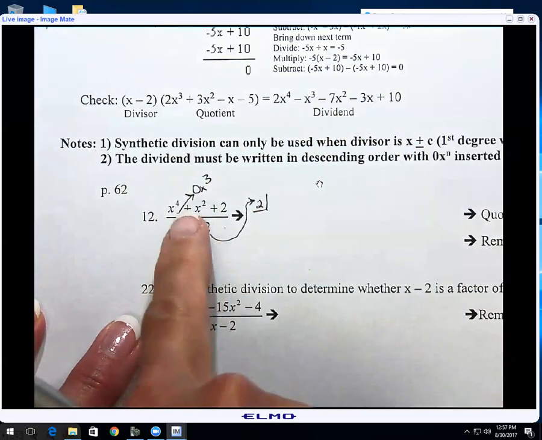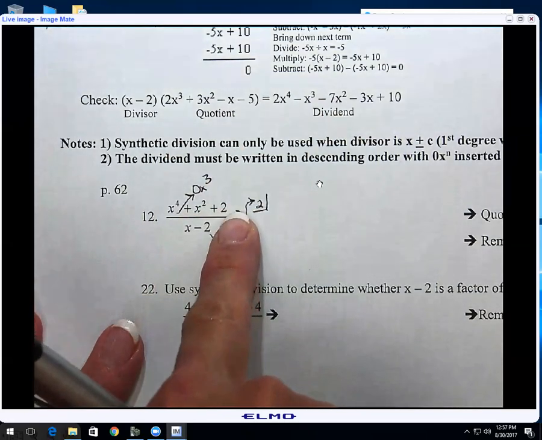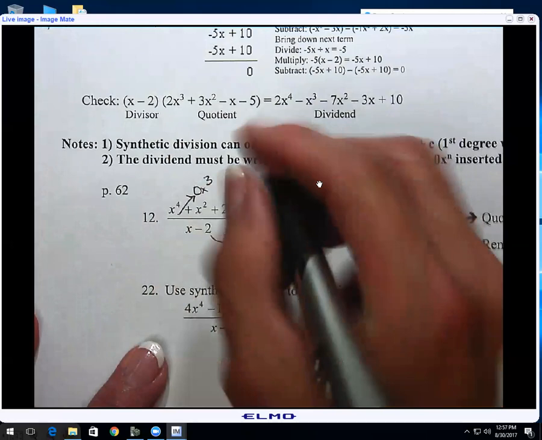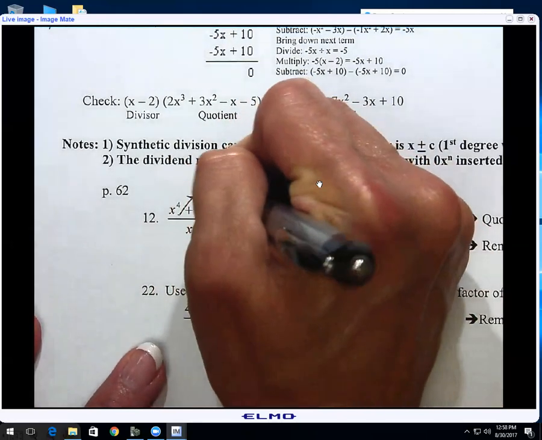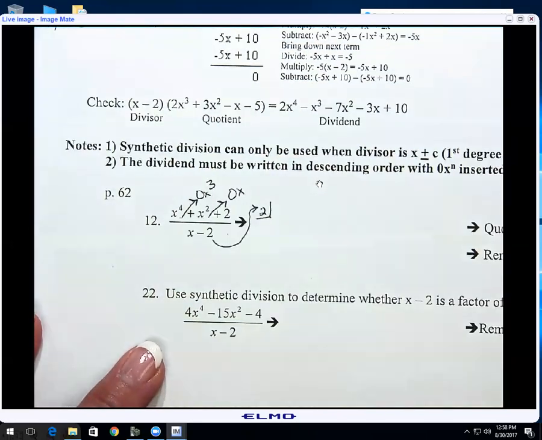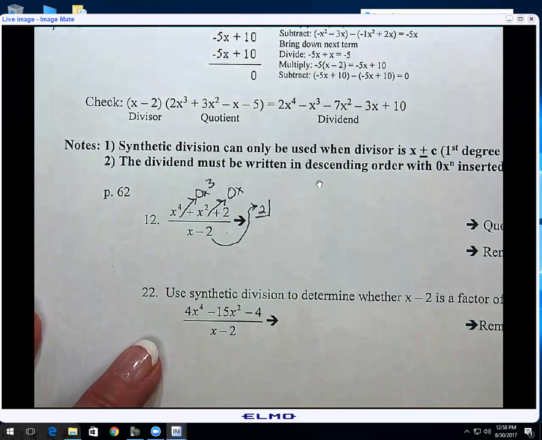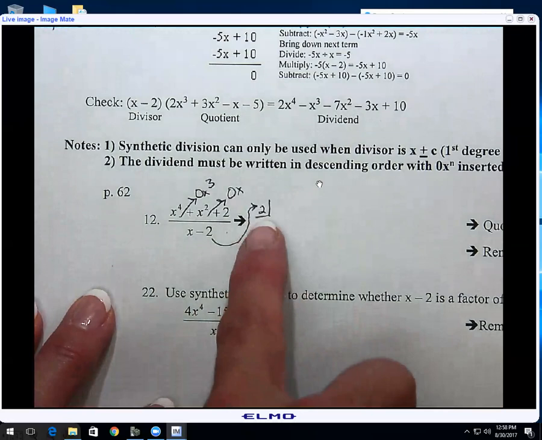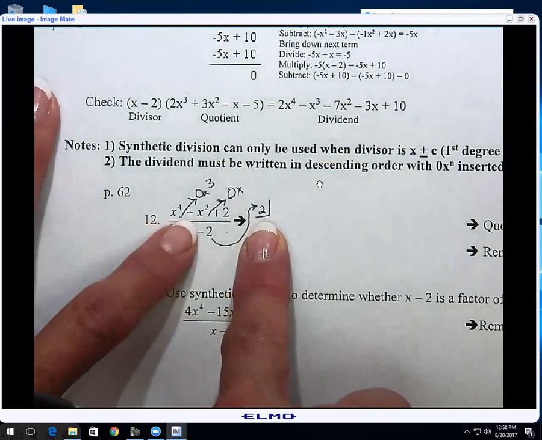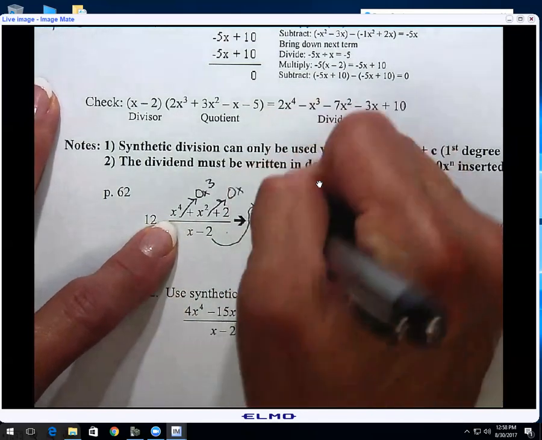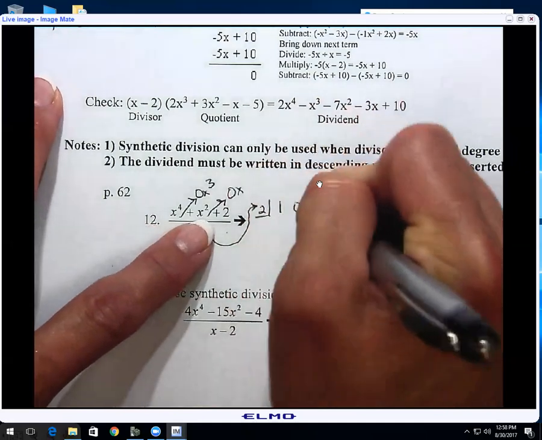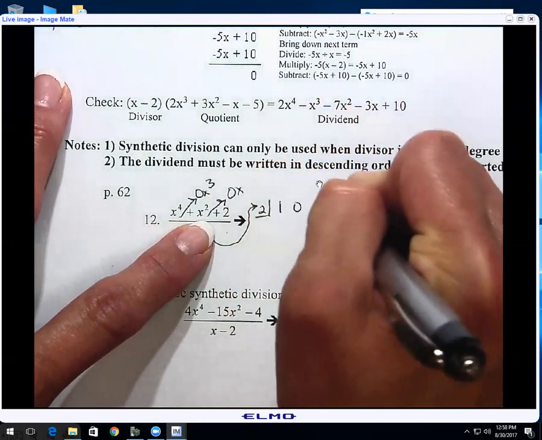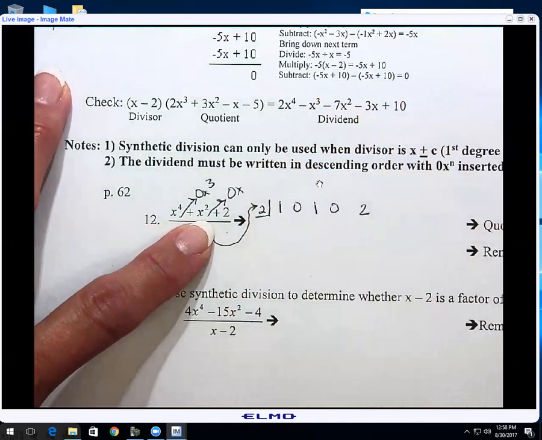And I have x squared, and I have a constant, but I don't have a first degree term in the middle. So I'd have to put in a 0x. So the coefficients I need out beside this box are, what's the first coefficient? 1 and then 0, 1, 0, 2.